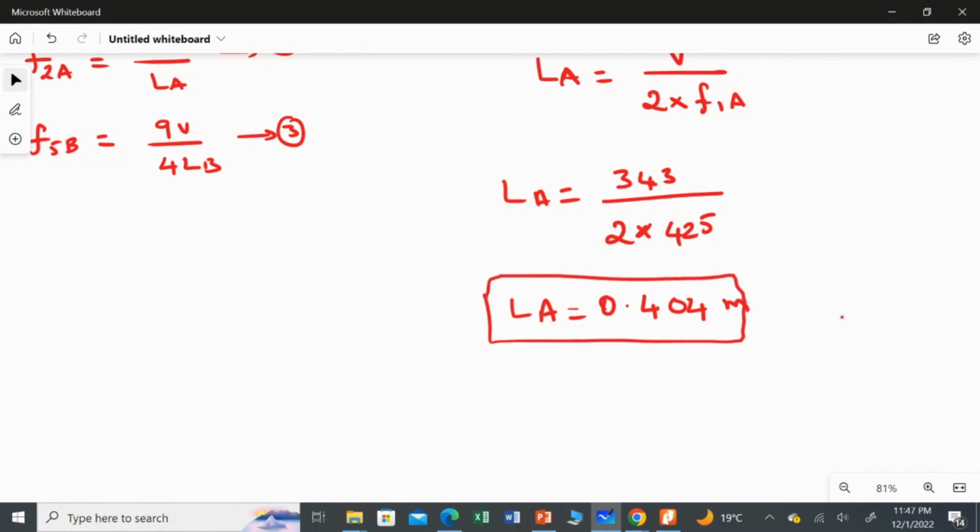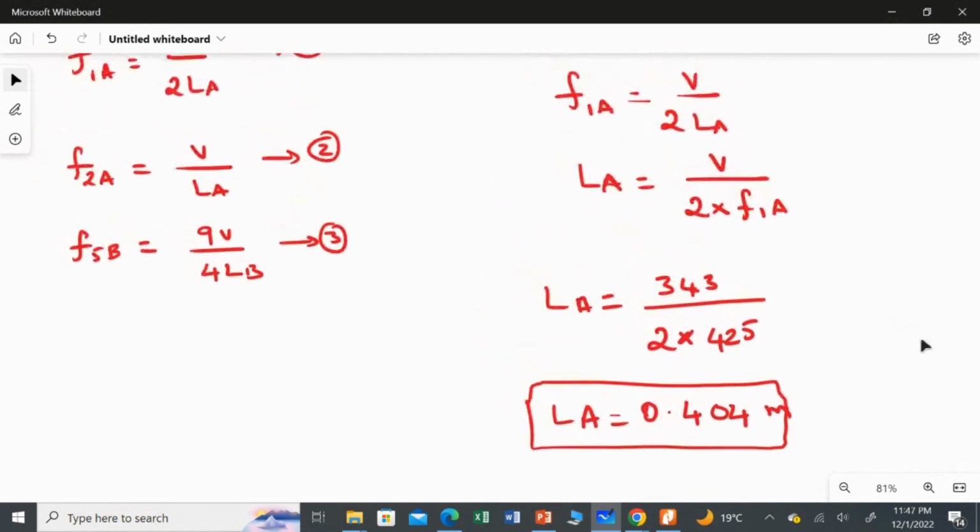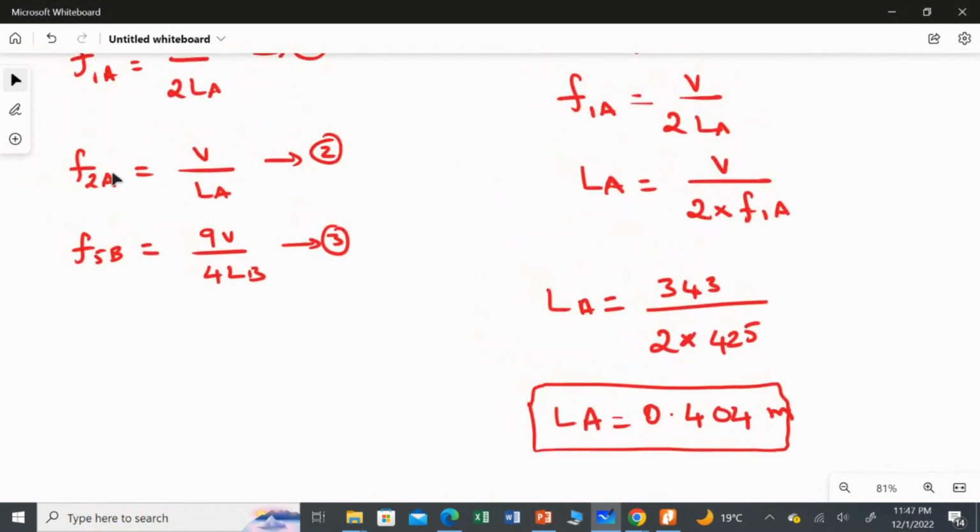For finding the second part, I am going to compare equations 2 and 3, because they mention the fifth harmonic frequency of pipe B has the same frequency as the second harmonic of pipe A, right? The second harmonic frequency of pipe A. So I am going to compare equations 2 and 3 for getting the answer for the second part. Clear? The first part is very easy. We can directly choose the first equation and get the answer.